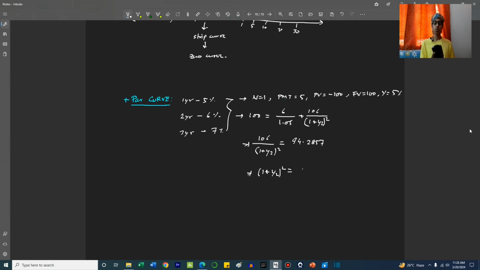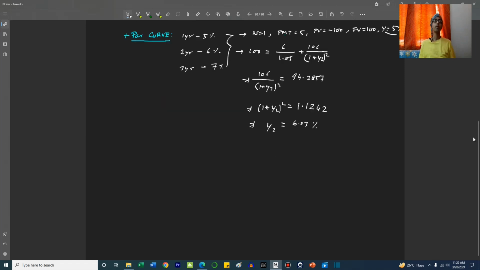This is equal to 1.1242, y2 is equal to 6.03%. So y1 is 5%, y2 is 6.03%.